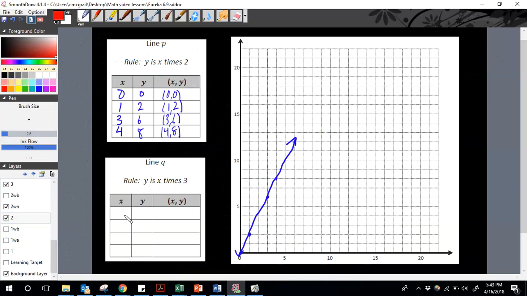Again, let's use our numbers 0, 1, 3, and 4, and see if you can find the y value for these x values. Once you've done that, go ahead and draw your line and see how it compares to line P. I'm going to go back. I'm going to label this line P. Go ahead and draw your line after you have plotted your points.